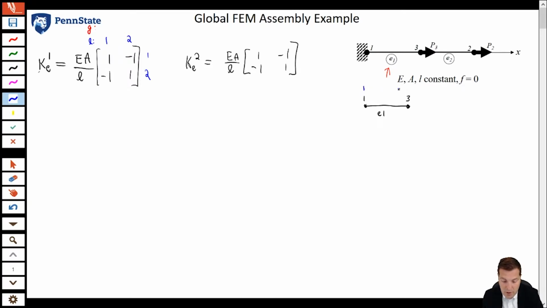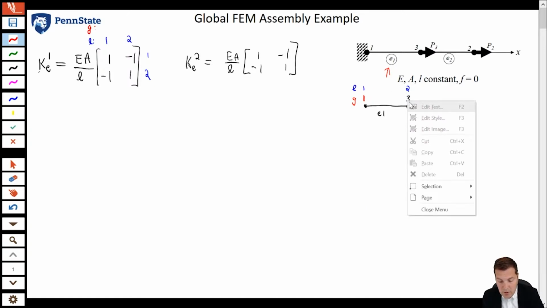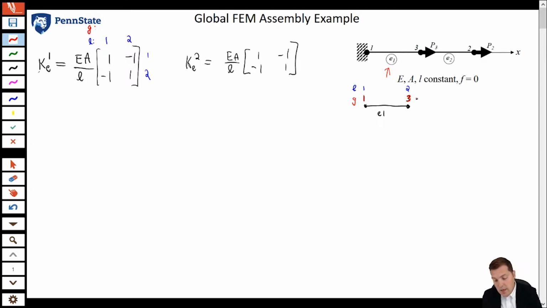Well, that would be 1 and 2 local. If you remember, it always goes counterclockwise, and in this case, it's left to right. So globally, we would write 1 and 3, and we do the same thing here, 1 and 3.